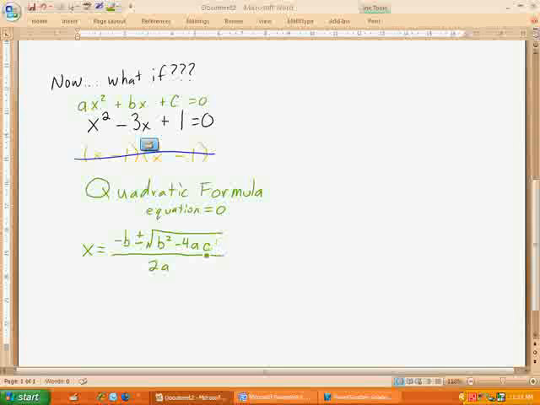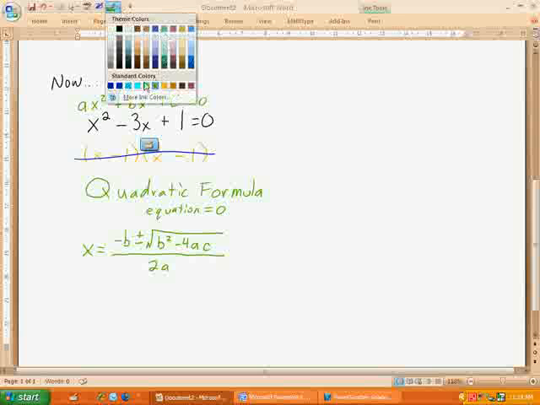There's actually another video on YouTube which you can link to from Blackboard that will help you to learn and memorize this. There's also a song that goes something like "Pop Goes the Weasel," but I don't exactly know how it goes, but it goes something like negative b plus or minus the square root of b squared minus 4ac all over 2a. Something like that. But anyway, that's what we're using. X equals negative b plus or minus square root of b squared minus 4ac all over 2a.